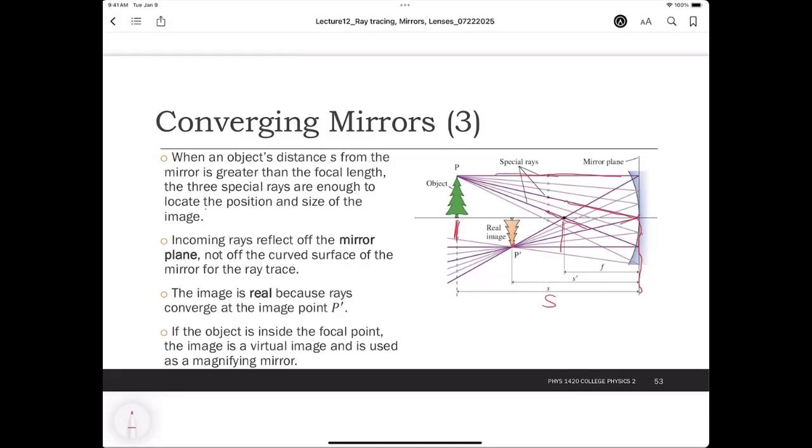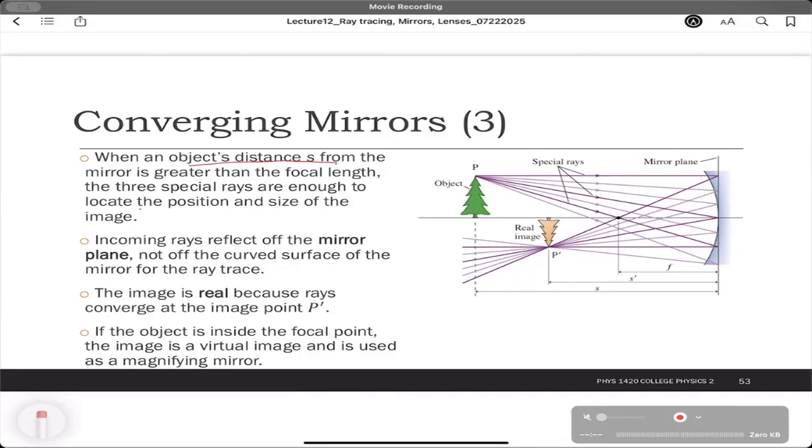You can see these three rays converge to this point. If the object is inside the focal point, the image is a virtual image and is used as a magnifying mirror.